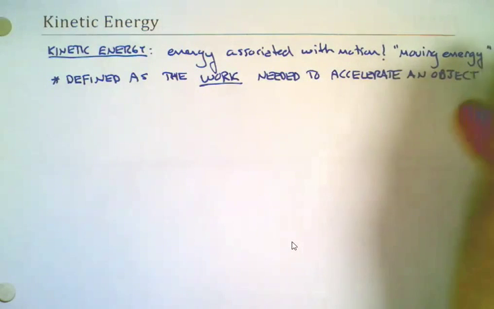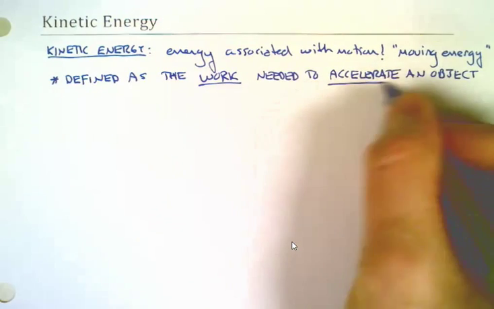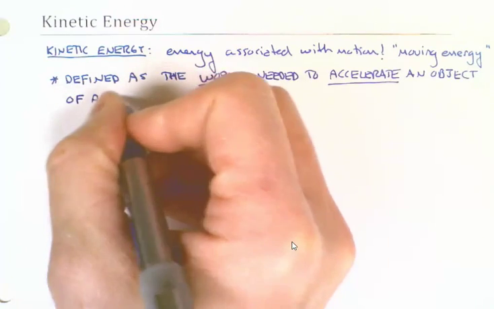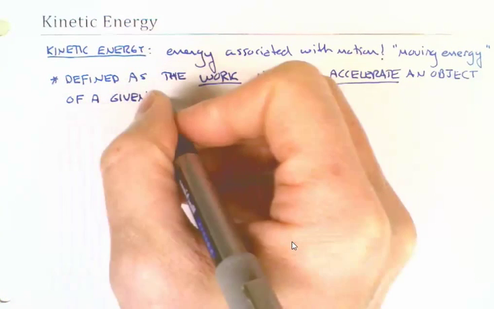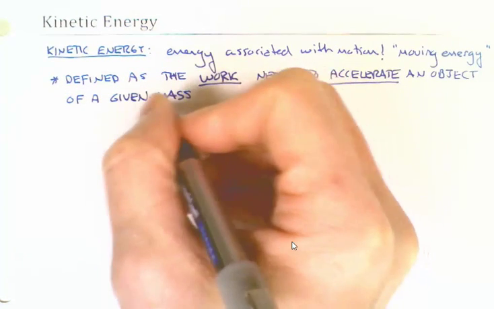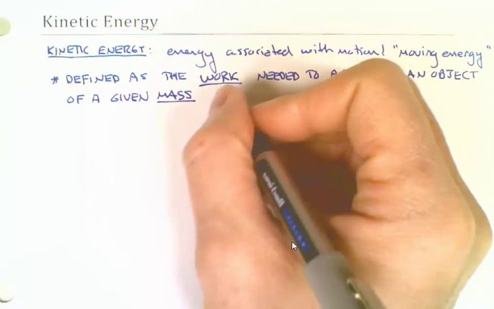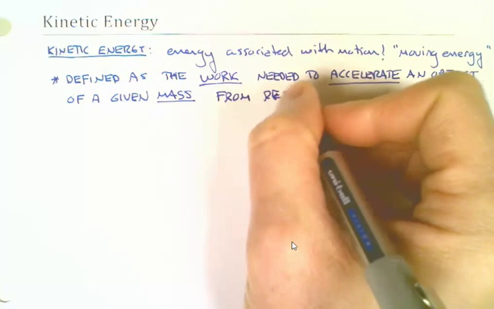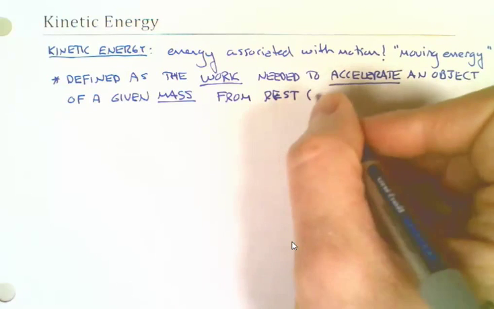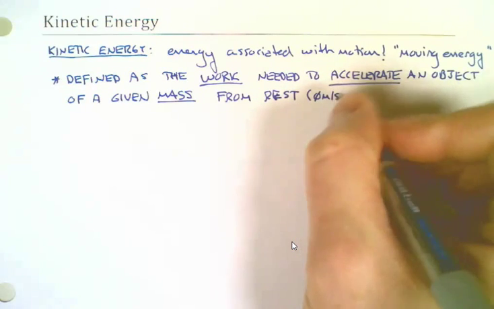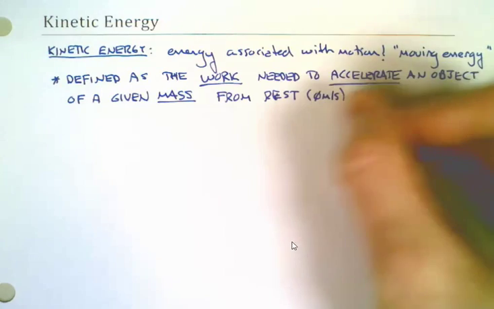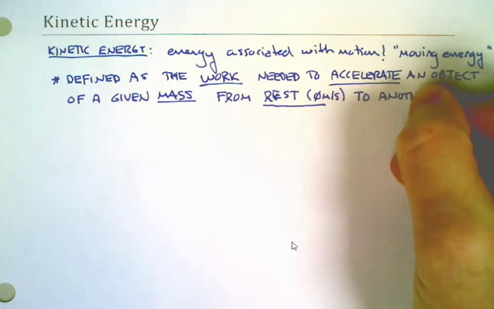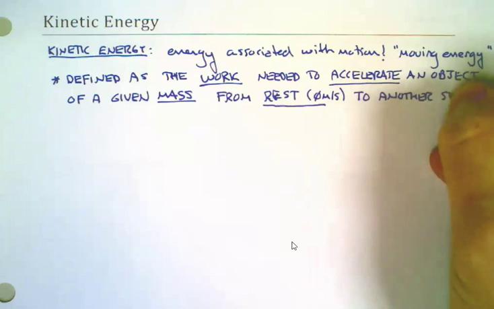So it's defined as the work needed to accelerate, I'm going to underline keywords here, an object of a given mass from rest, which is 0 meters per second, to, I'll underline the word rest, to another speed.